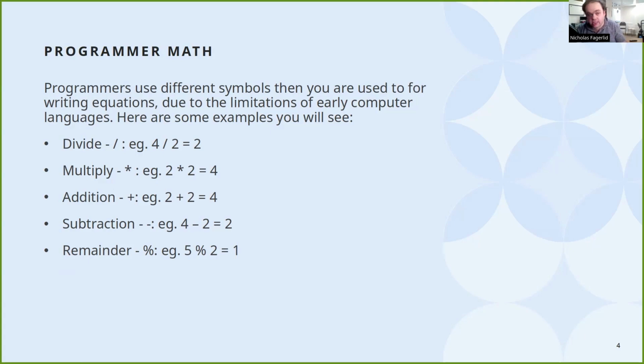Addition is the plus sign, and subtraction is minus. To get the remainder of an equation, let's say 5 divided by 2, you use the percent sign. You'd figure the percent sign would equal a percentage of something, but nope. In computer mathematics, the percent sign is a remainder.